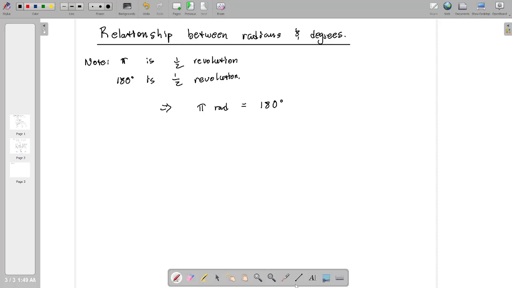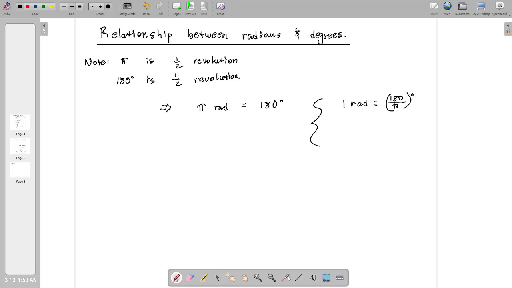So now what if I wanted to know how much 1 radian was in degrees? Well, I just divide by pi. If I have pi radians here is equal to 180 degrees, if I divide by pi, then I have 1 radian. So I would have 1 radian is equal to 180 divided by pi degrees.